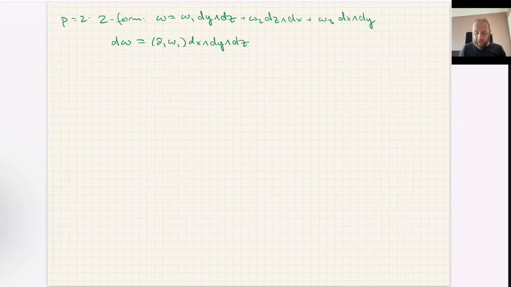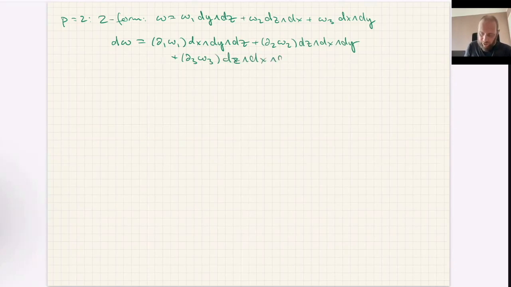The same thing for the second and third term. It's d2 omega 2 dz wedge dx wedge dy. And finally, d3 omega 3 dx wedge dy wedge dz.